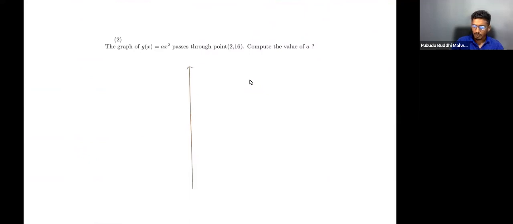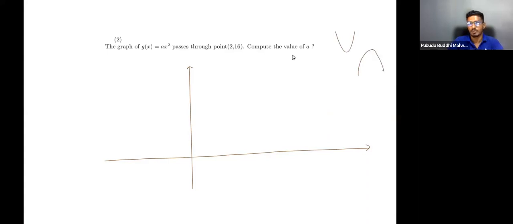Once again, I'm not going to draw the exact curve because it might look like this or like this, but that's not important for this problem. The most important information for this question is this part actually.